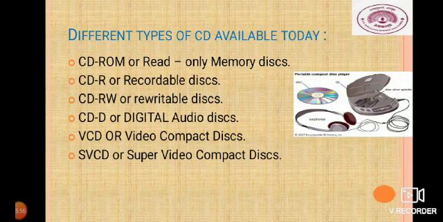CD-RW or rewritable disk, which can be written on multiple times. CD-DA or digital audio disc, which can be used as audio CDs. VCD or video compact disc, which can store video data. SVCD or super video compact disc, which can store high quality videos.